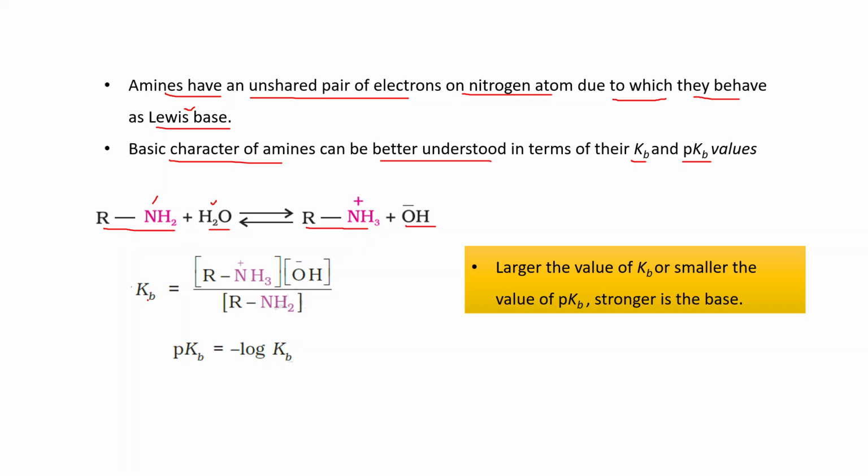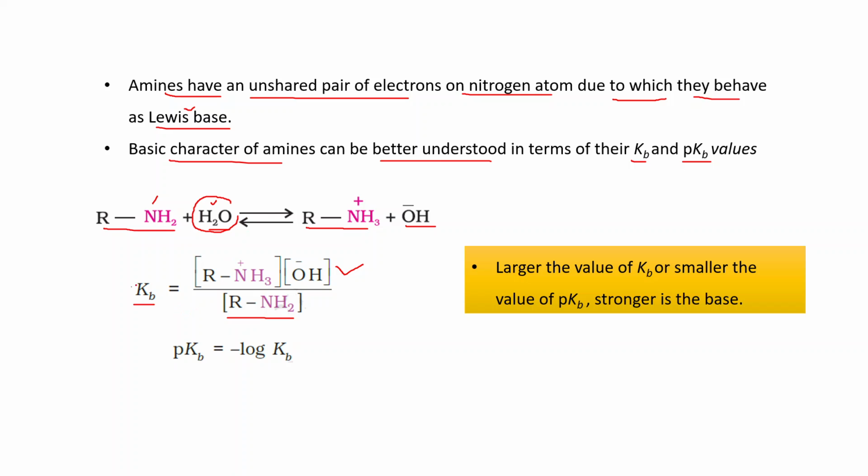Now if we write the expression for Kb, Kb is the base dissociation constant. It can be written as the concentration of products in the numerator, and in the denominator the concentration of reactants. H2O is a solvent in the pure liquid state, that's why its concentration is taken as unity.